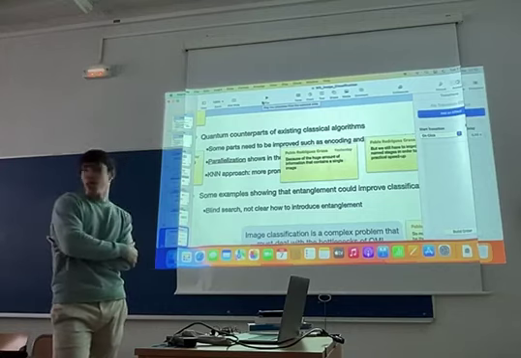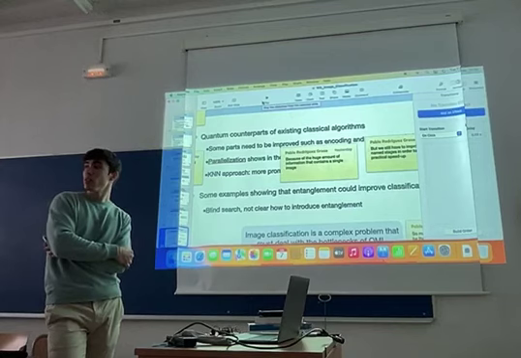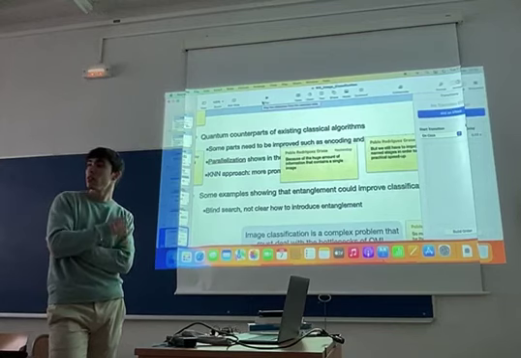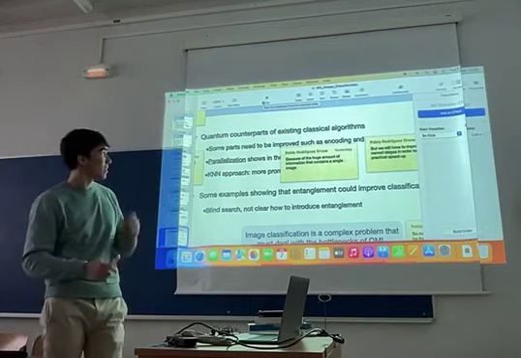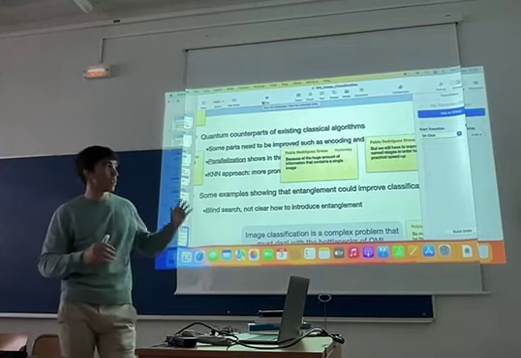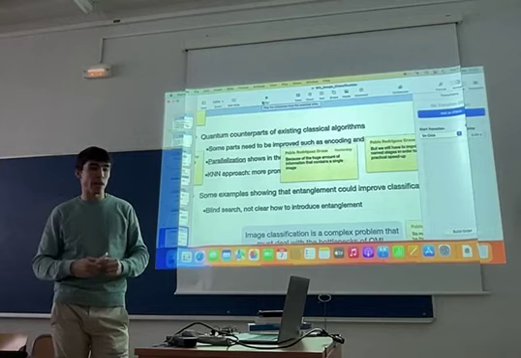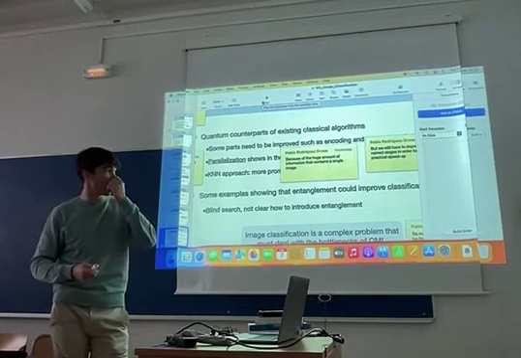For example, if entanglement is in the last layer, then it's like a global measurement, so you can increase the fidelity. But besides this, is there any theoretical work or paper trying to explain why this entanglement could improve the results?